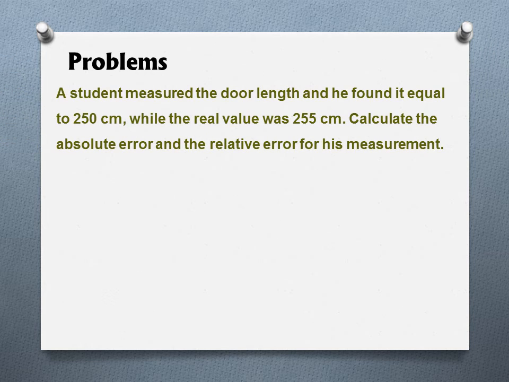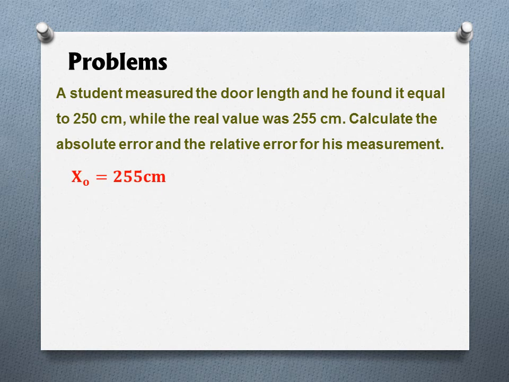A student measured the door length and found it equal to 250 centimeters, while the real value was 255 centimeters. Calculate the absolute error and the relative error for this measurement.